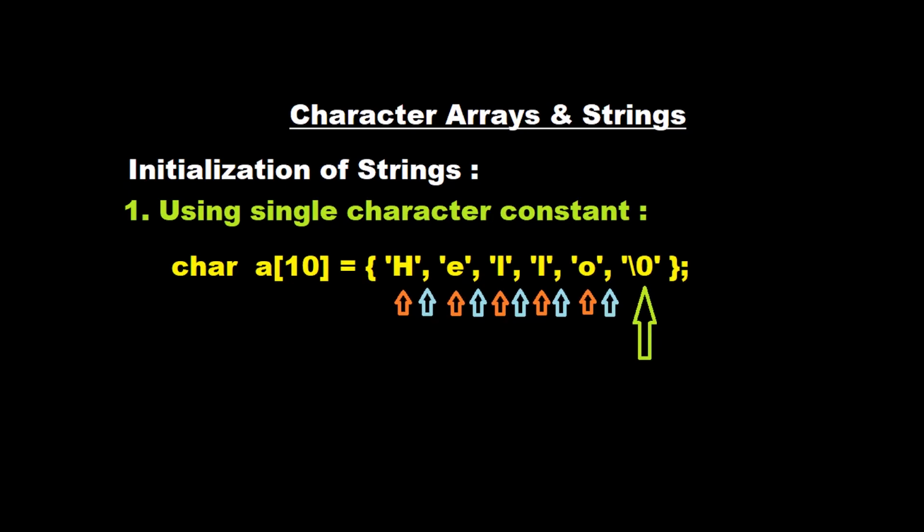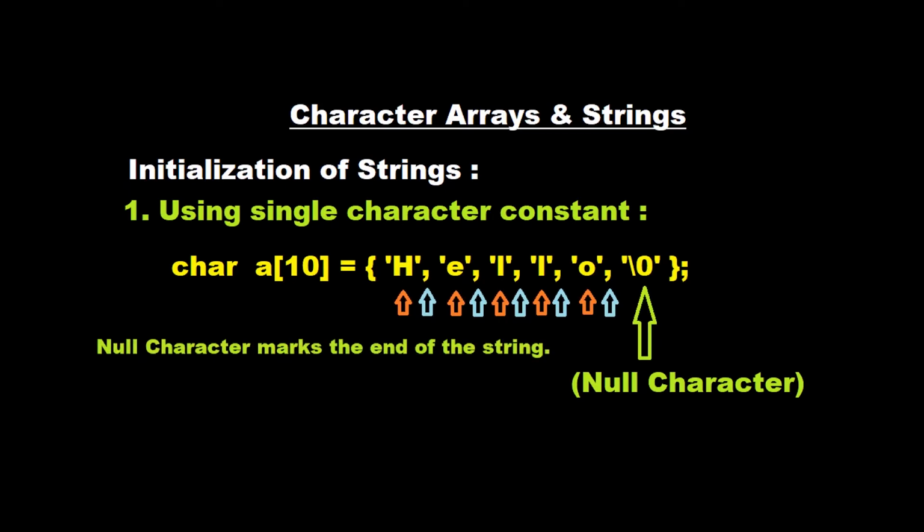This \0 is known as the null character. This null character is actually a character which marks the end of the string. It tells the compiler that the string has ended. So this is the first way of initialization of strings. As I told you, it is using single character constant.